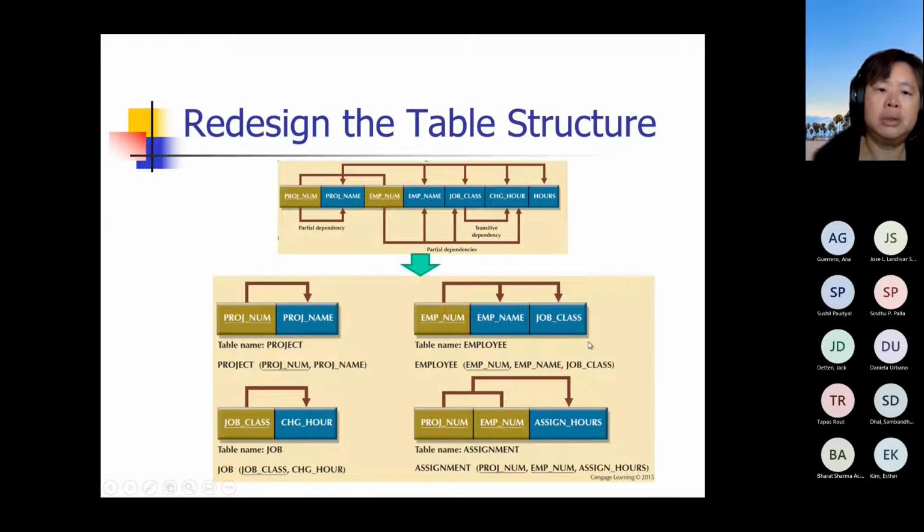In this way, we can transform this one single table into 4 tables. So instead of using one table, it's better to use 4 tables to store the information we have here. Does it make sense?